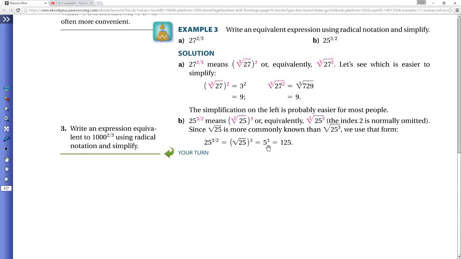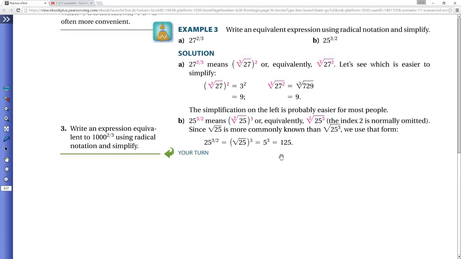But we're going to get there when we go through all the review of the power of powers and shortcuts or rules that we can use on exponents. So look, example B here is 25 to the 3/2 power, which means either the square root of 25 all cubed or the square root of 25 cubed.